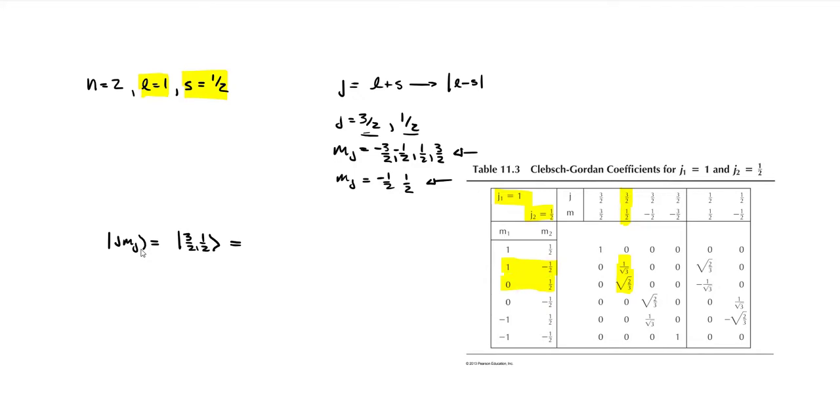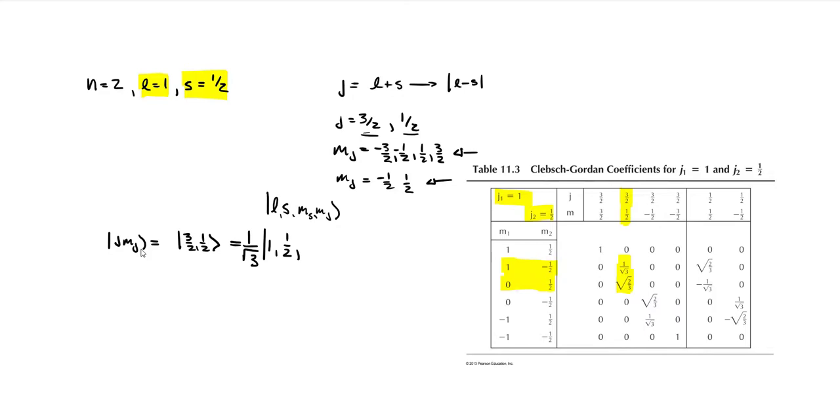So we can write this basis vector as √(1/3) times the n, l, s, m_l, m_s quantum numbers in the order that I'm writing this basis in.